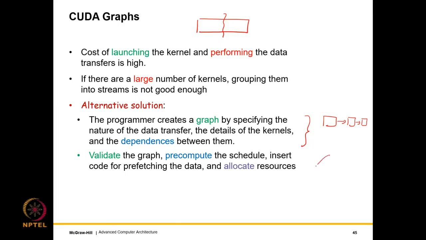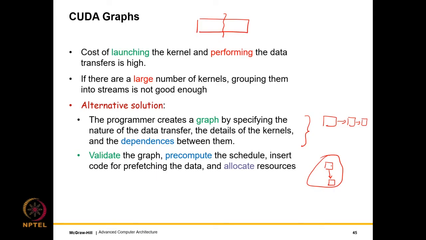Then we have an automatic engine which validates the graph, pre-computes a schedule for it, and schedules all the activities on the GPU. And if there is a dependency between one task and the next, then needless to say, the first task executes first and the dependent task executes after it. So unlike program order, we have a task dependence order, and that is respected.